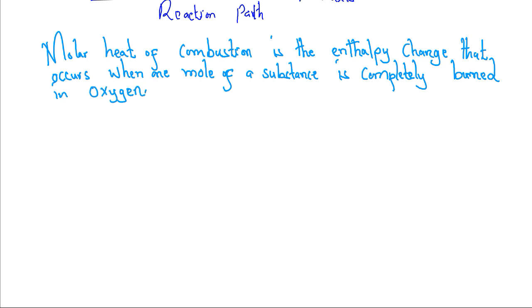That is what we call molar heat of combustion. 1 mole. And that is why it has to be per mole. That is all about molar heat of combustion that we have used ethanol as an example.